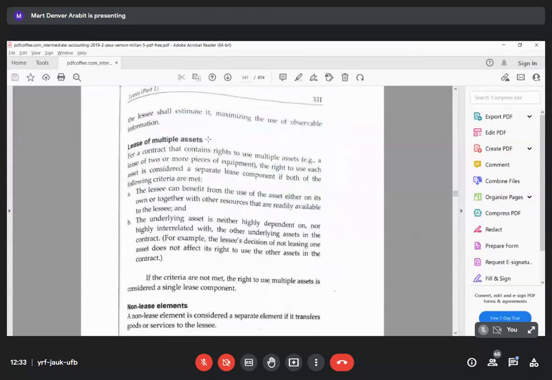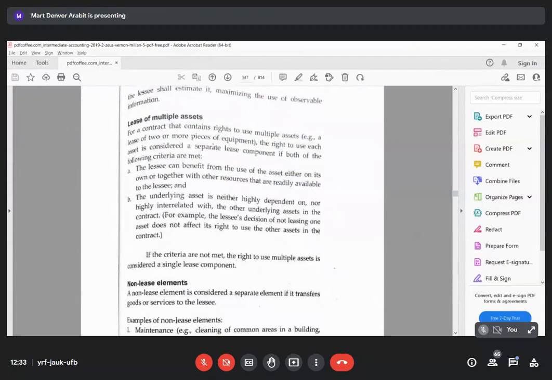Okay, lease of multiple assets. So, for a contract that contains rights to use multiple assets, like a lease of two or more pieces of equipment, the right to use each asset is considered a separate lease component if both of the following criteria are met.